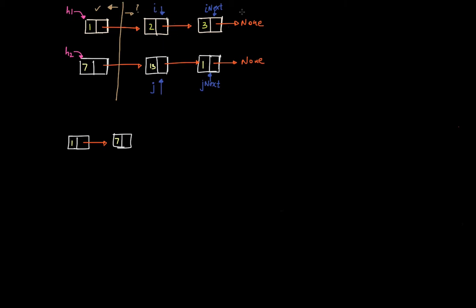Okay, so given this picture here and given these local variables here, what would the next immediate step be at this point? Well, I would have to take this reference that I'm currently pointing at and make it point at the node with the element 13, and then take the next reference of the node with the element 13 and make it point at the node with the element 3.